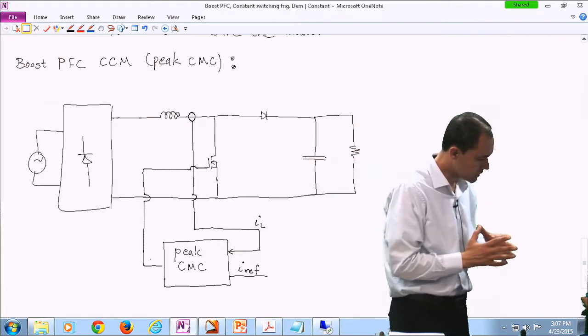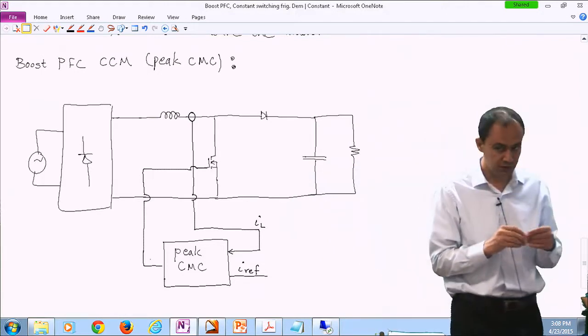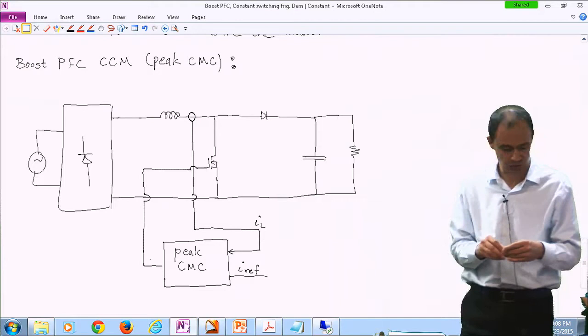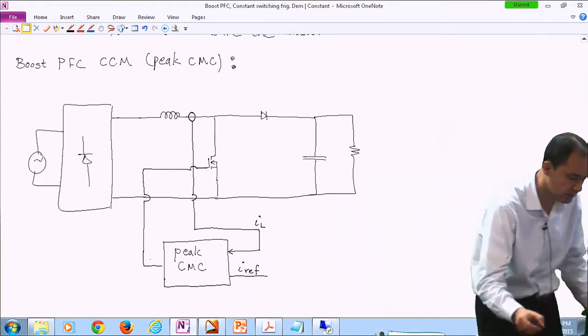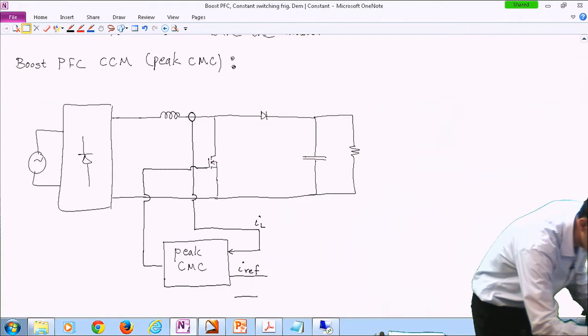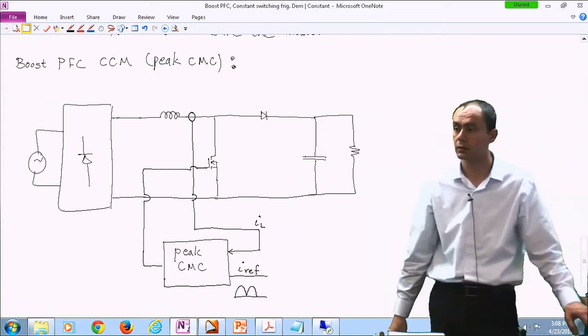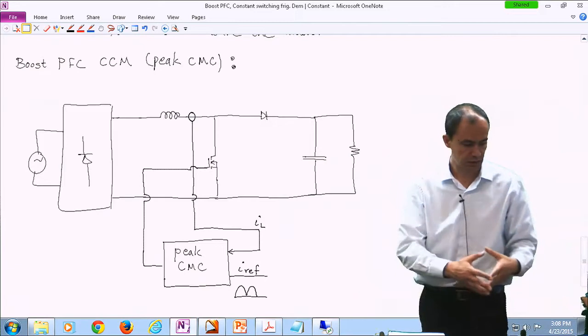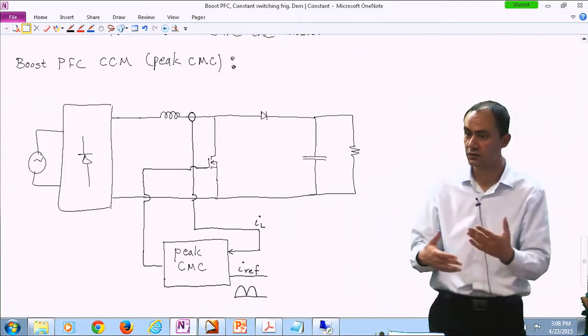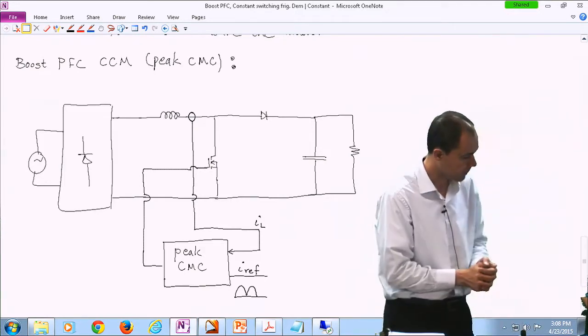So the question is, where is this reference coming from? Remember, we would like our reference to be something like this. Some sort of sinusoidal signal that is rectified, so that our inductor current follows almost the same pattern.